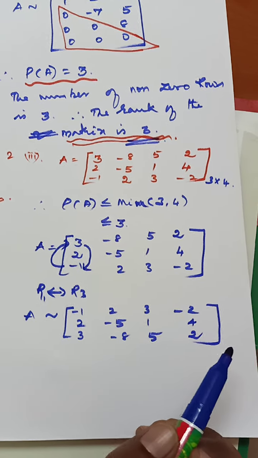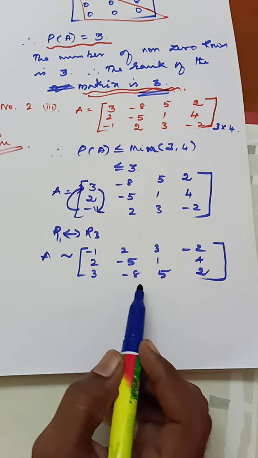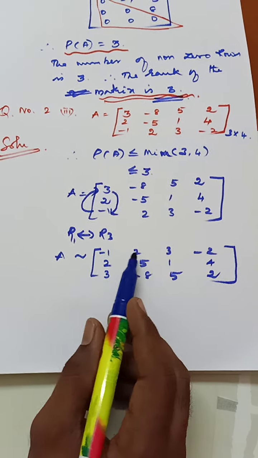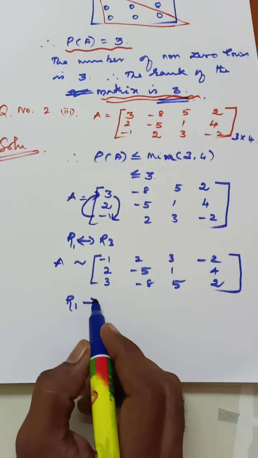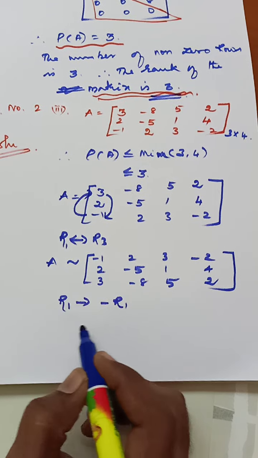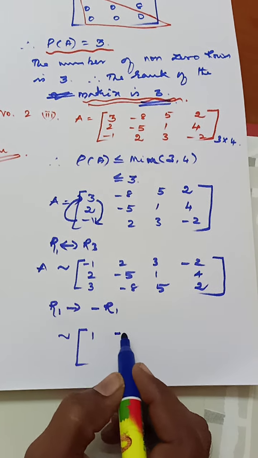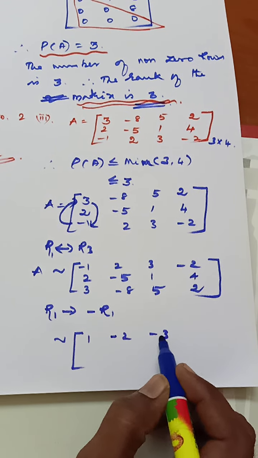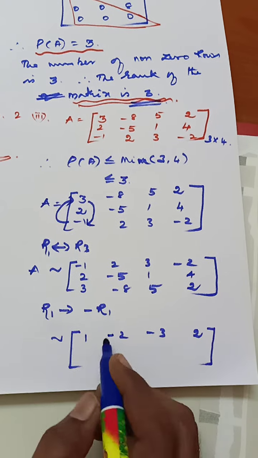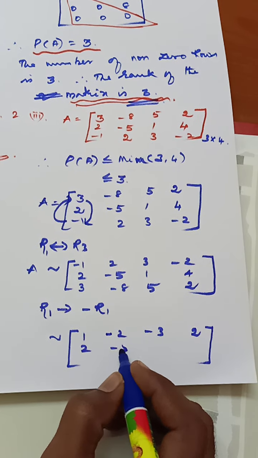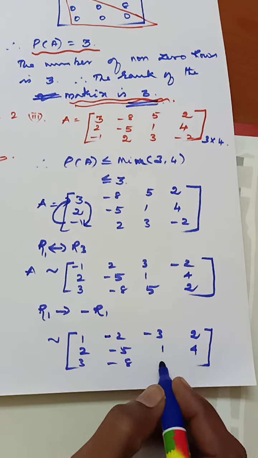So why are we changing like this? When the first number is 1, you can easily make the triangular form. Now it is minus 1, so the next step will be R1 tends to minus 1 times R1. So it is equivalent to 1, minus 2, minus 3 and plus 2, then 2, minus 5, 1, 4 and 3, minus 8, 5, 2.